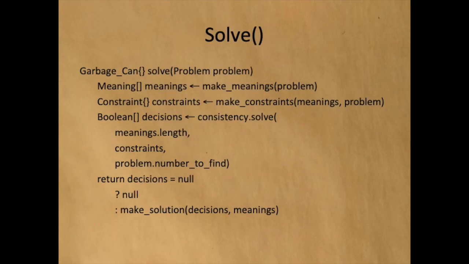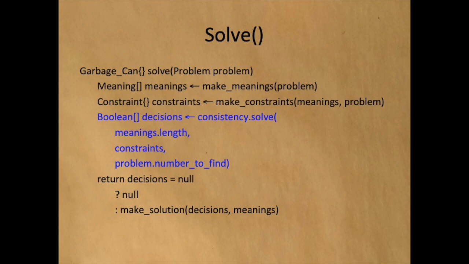The solve function has 4 steps. First, it creates an array of decisions or meanings of decisions. Second, it creates a set of constraints from the meanings and the problem. Third, it calls the consistency algorithm. The number of decisions is the length of the meanings array. The constraints are the constraints found in the previous step.